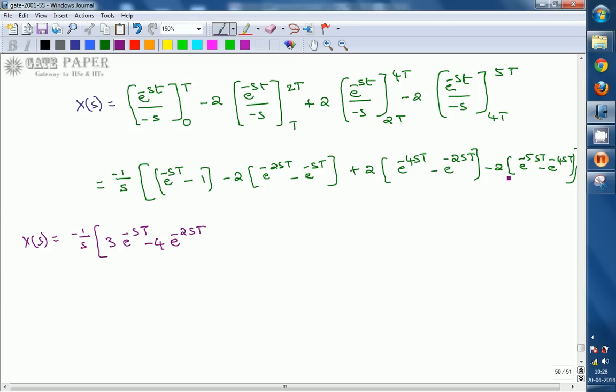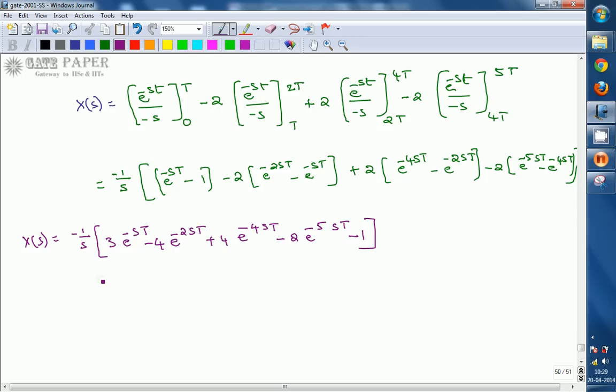Coming to the fourth power, this is 2 into e power minus 4sT, and this is plus 2 into e power minus 4sT, then this becomes plus 4 into e power minus 4sT, and this is minus 2 e power minus 5sT, and this is equals to minus 1.